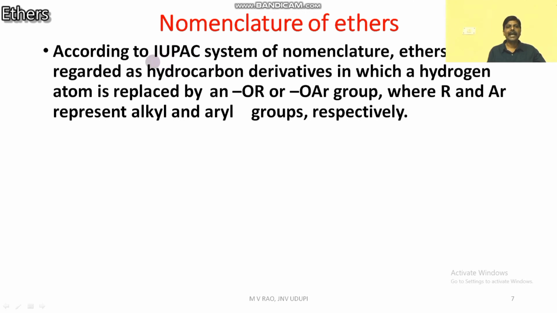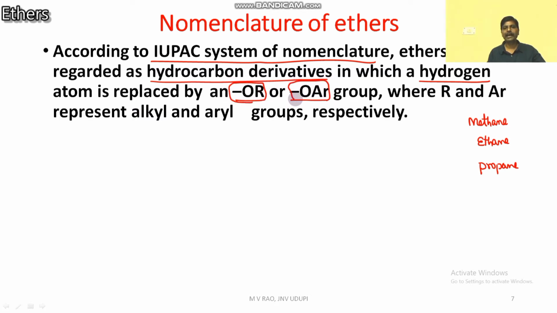Next, in IUPAC system of nomenclature, ethers are regarded as hydrocarbon derivatives. Hydrocarbon like methane or ethane, propane, derivatives of alkanes like this, in which hydrogen atom is replaced by OR, alkoxy group, or OAr, where R and Ar represent alkyl and aryl groups respectively.